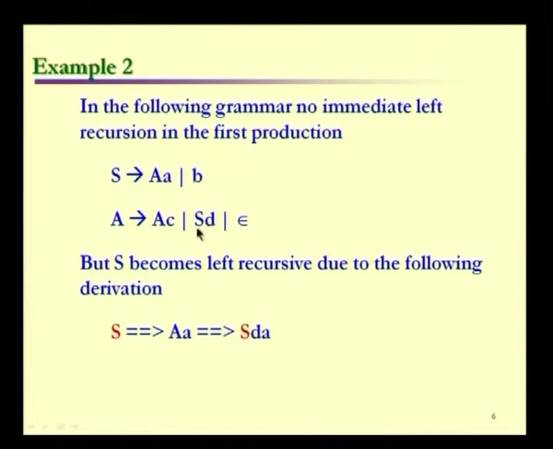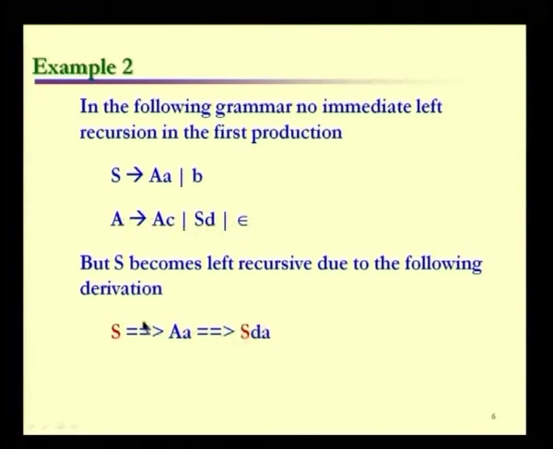It is because we will have a derivation of the form S deriving capital A followed by small a in the first step, and by using the leftmost derivation or even the rightmost derivation, this A gets expanded to capital S followed by D, because A has 3 productions. So this is your SD being used there.